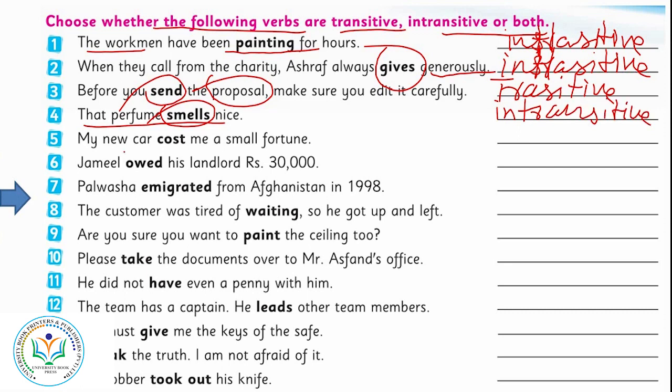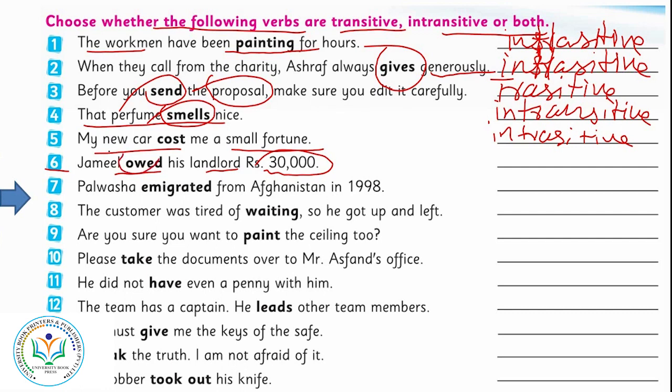The fifth one, my new car cost me a small fortune. This is again the intransitive because we don't have an object here. The sixth one, Jamil owed his landlord 30,000 rupees. So yes, we have an object here, the 30,000 rupees.